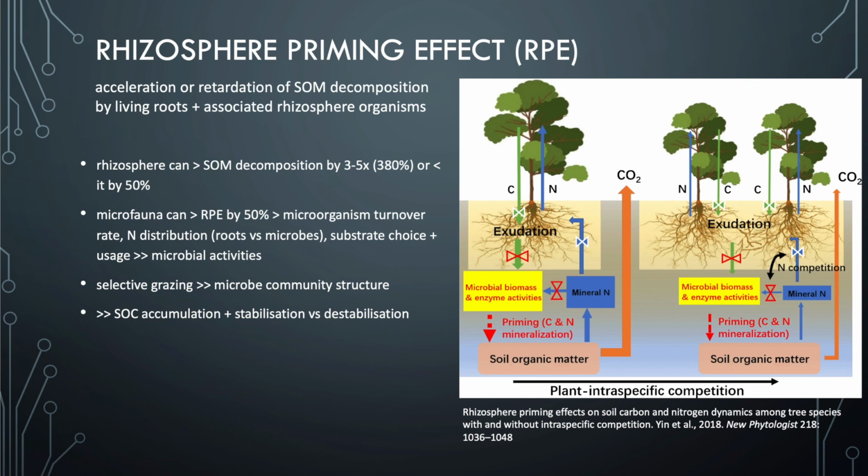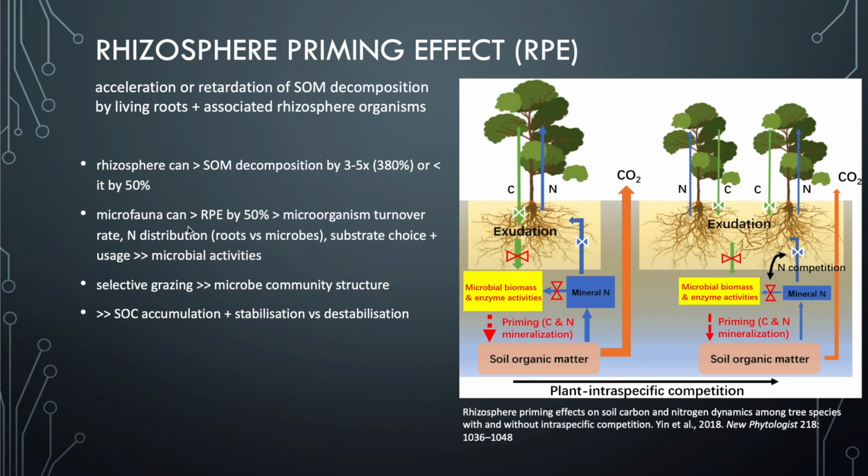So the interesting thing is that soil protists and plants and other soil organisms produce this rhizosphere priming effect. And this is the acceleration or retardation of soil organic matter decomposition by living roots and associated rhizosphere organisms. So the rhizosphere can increase soil organic matter decomposition by 3 to 5 times, or 380%, or decrease it by 50%, as far as this has been looked at.